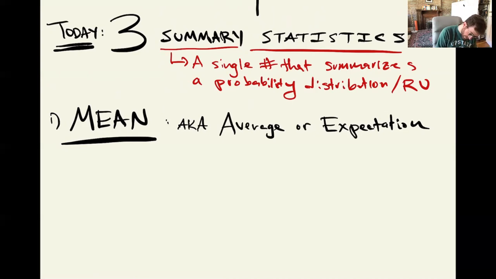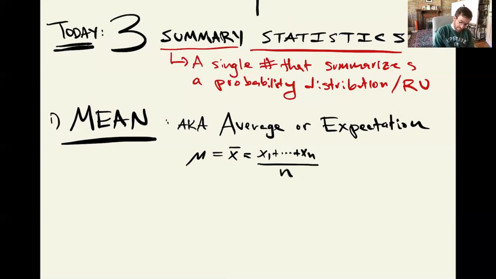All right, and so we're sometimes going to use the symbol mu, which is the same thing as x bar. This comes from adding together a bunch of numbers and dividing by n. Or more formally, we're going to write this as E of X. This is our expected value of X. And all of these are interchangeable: mean, average, expectation.